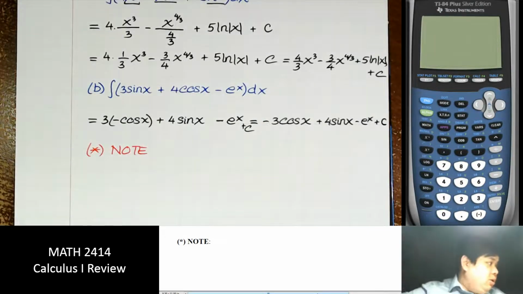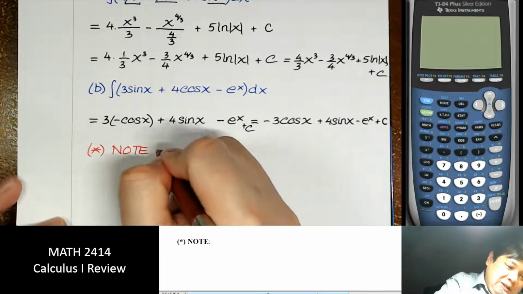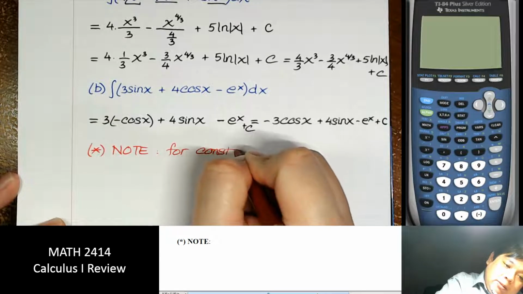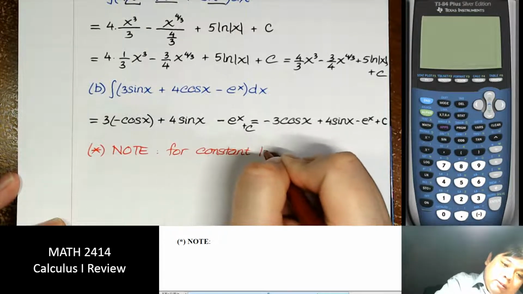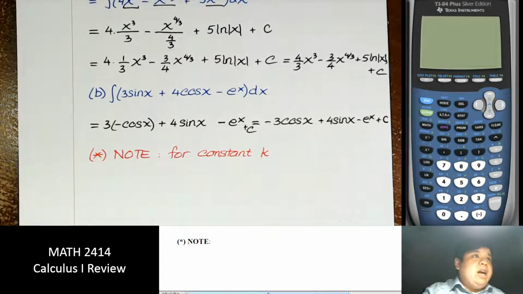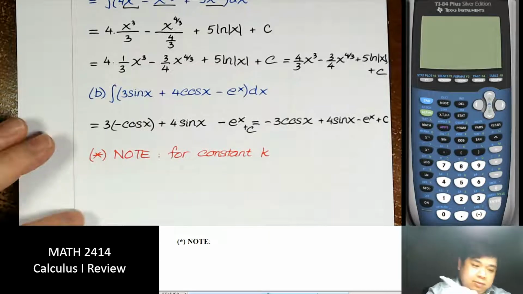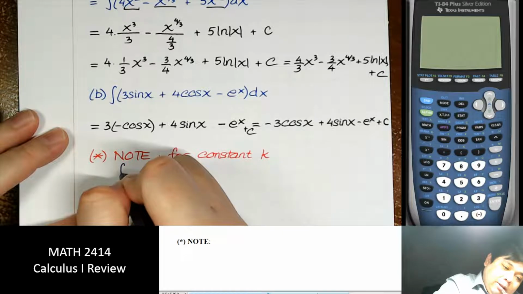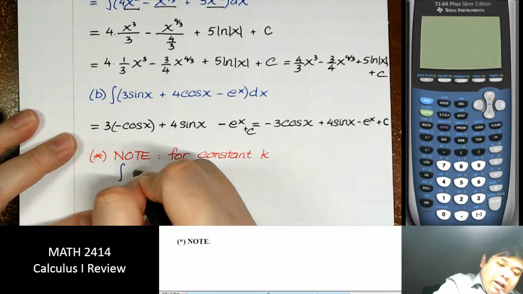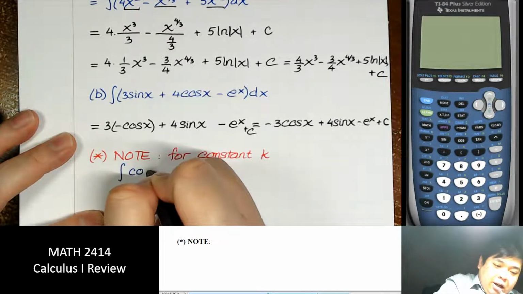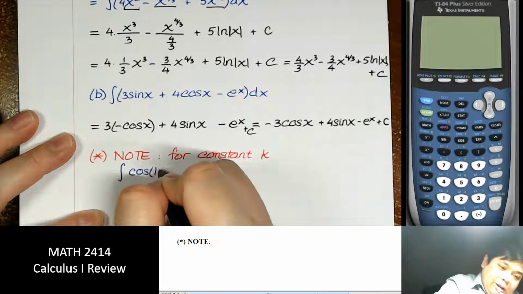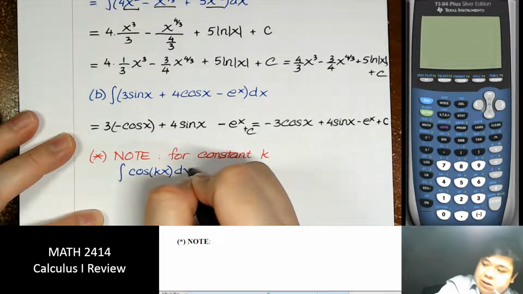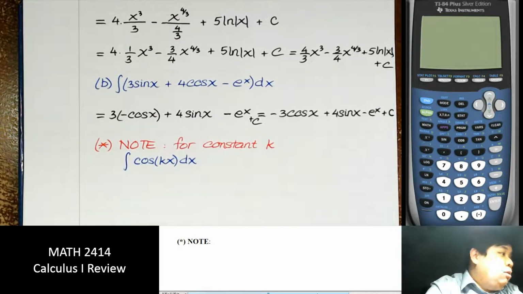Now for the integral, what happens with the constant k? For example, what happens when we have something like this?